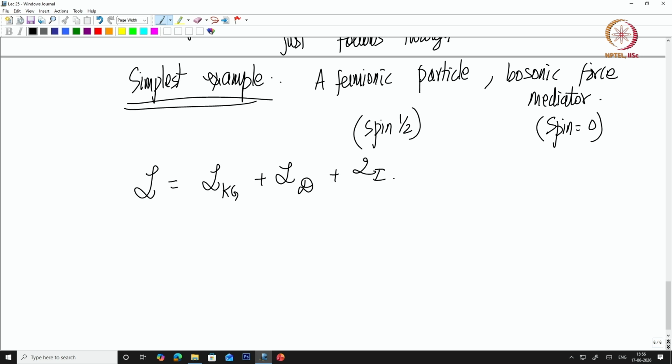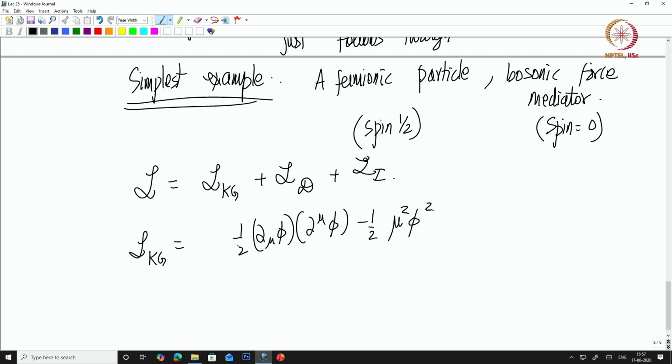Let's come to the L interaction in a second, but let's think about L KG. We already know the Klein-Gordon equation. So it's half del mu phi del mu phi minus half mu square phi square.